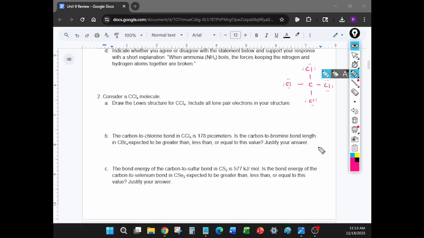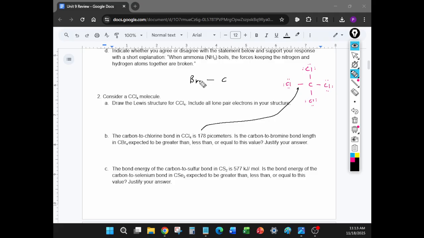So B tells you that this chlorine-carbon bond right here is 178 picometers. And then it's asking, is the carbon to bromine bond in CBr4 expected to be greater, less, or equal to this value? Anyone take a shot at it? You put less than. Why did you put less than? Yeah, so that is true. Bromine is less electronegative. So if I drew carbon and bromine, it is less electronegative, right?